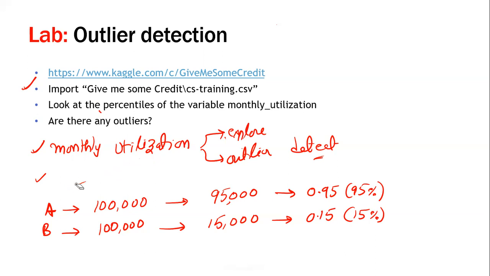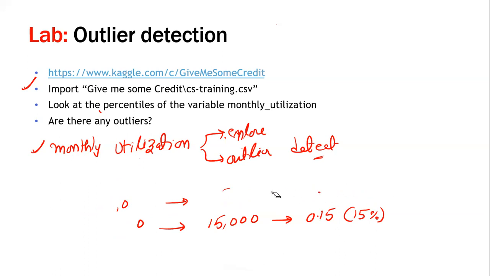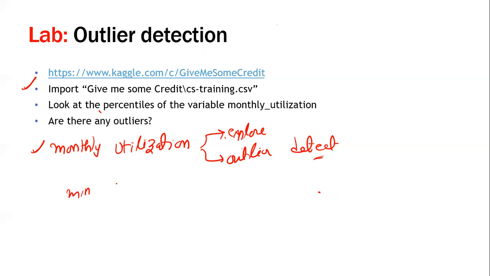Now let us see from the business point of view, what are the limits for monthly utilization? Maximum value, minimum value, what are the possible values? It is a percentage value. Tell me what is the minimum value of monthly utilization? If a person is not at all swiping, what will be the minimum value? It will be 0%, which corresponds to 0.